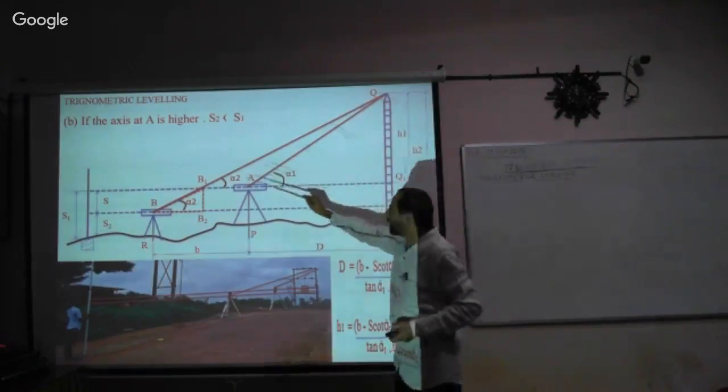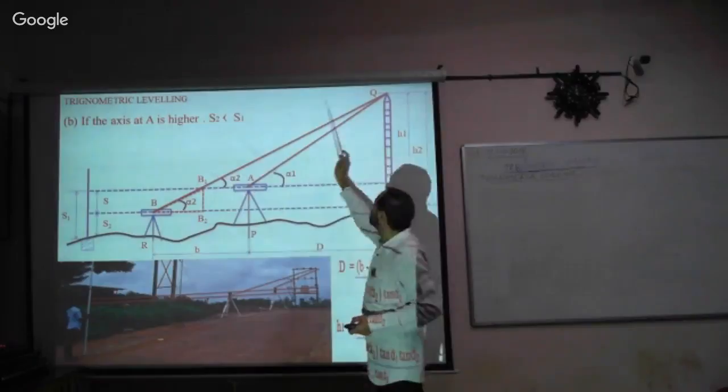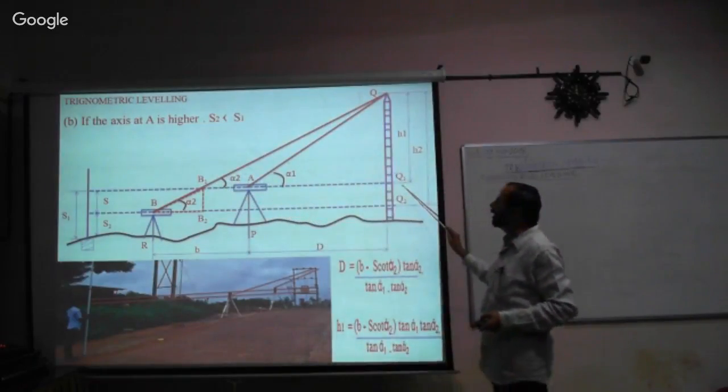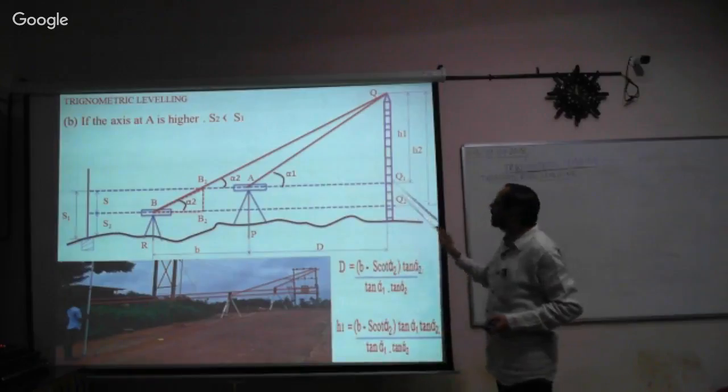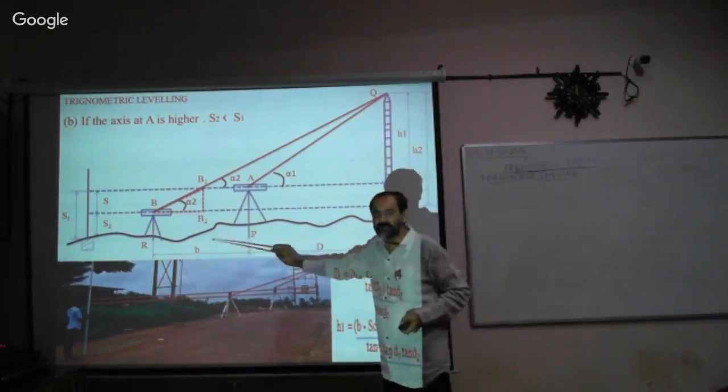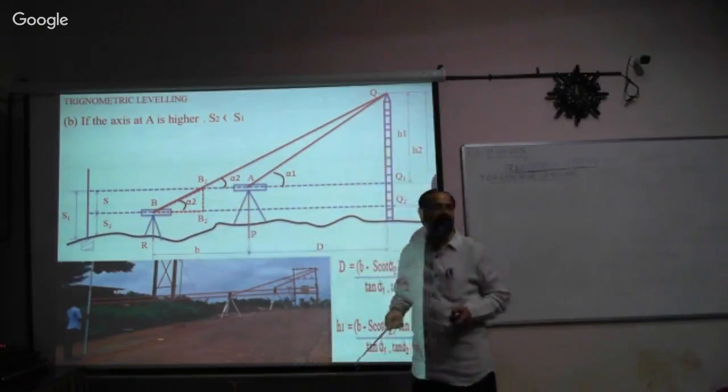Then modify the triangle, considering this triangle Q B1, that is Q1. Therefore, H1 is equal to D plus B minus S cot alpha 2, isn't it?